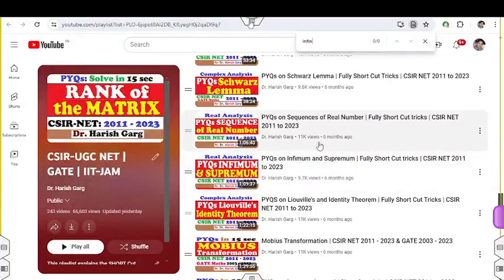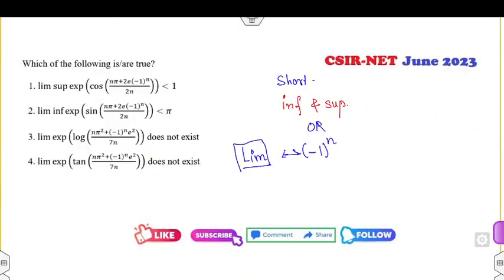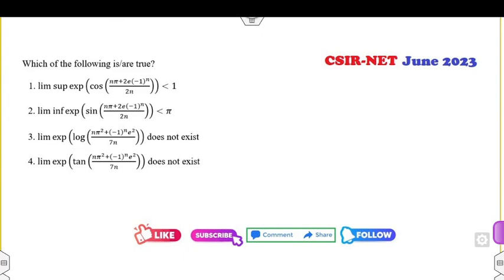You can learn the various shortcut tricks. So I can apply the same. Whenever you get (-1)^n, always separate it into when n is even and when n is odd. You will get your answer within 5 seconds.